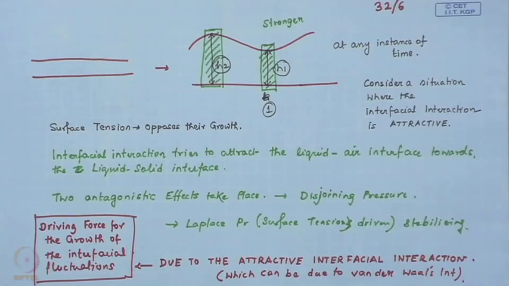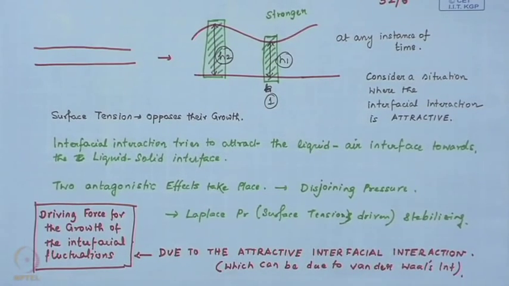Okay. So, now you have again a competition between the stabilizing influence of Laplace pressure or surface tension and the destabilizing influence of the attractive interfacial interaction. And now, if your stabilizing influence is stronger, even in presence of this attractive interfacial interaction, the film will remain flat.